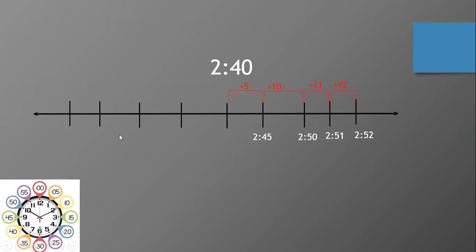Now, when we are taking away time or moving backwards, minus 5, minus 10, minus 11, minus 12, and the times there, 2:35, 2:30, 2:29, and 2:28. Okay.